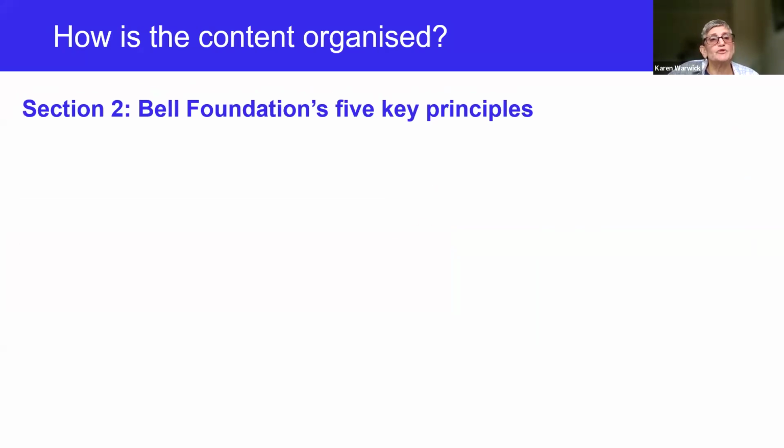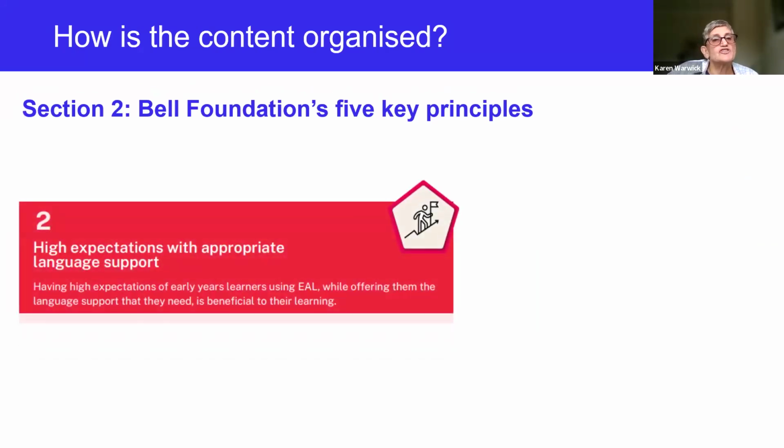So, principle 2, high expectations with appropriate language support. So principle 2 really expands on this and reminds us of the double task young multilingual learners have ahead of them at the start of their journey in the early years setting. They're simultaneously learning the English language and learning through English.